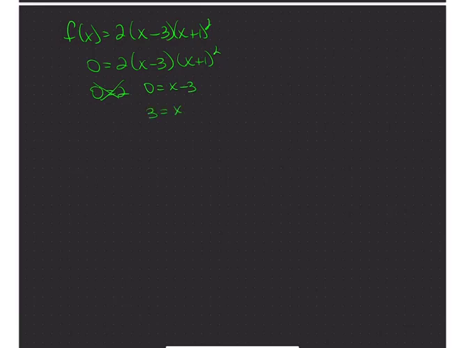And then you have x plus 1 equals 0, but it's squared, right? So it's x plus 1 equals 0 again, where you have x equals -1 and x equals -1, right? So when it comes to your graph, you have x equals 3 and you have x equals -1.